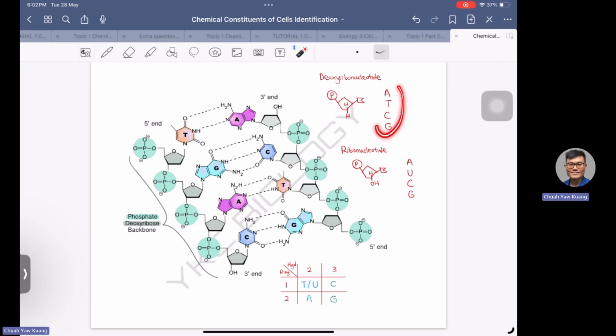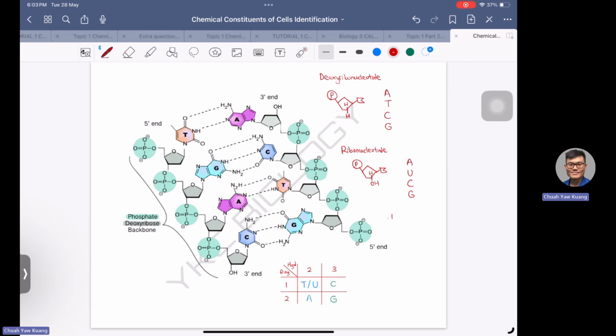So how are we going to differentiate all these types of nucleotides with different types of nitrogenous base? Actually, to differentiate it is very simple. You only need 2 simple steps.